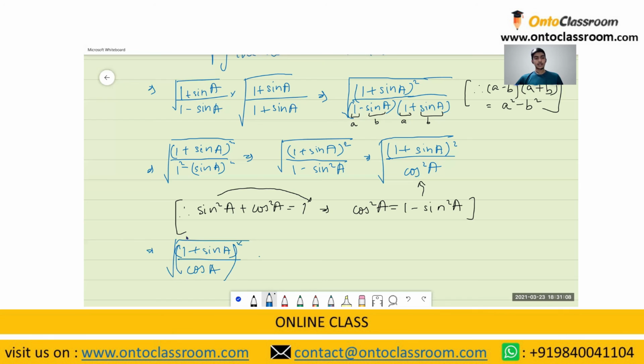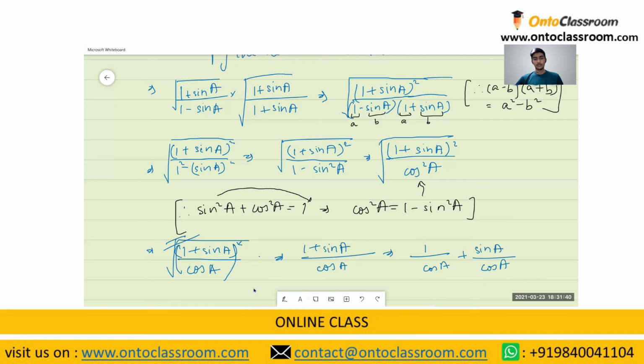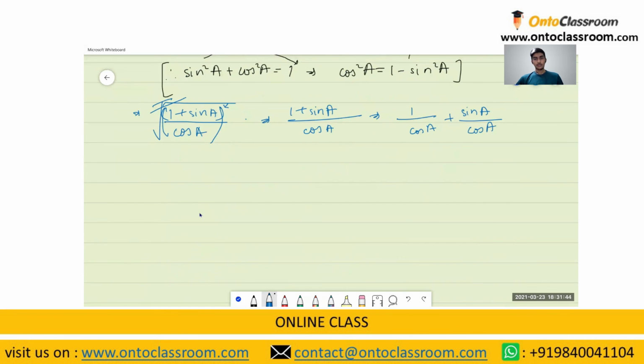This square will get cancelled out with the under root, and we have 1 plus sin A divided by cos A. So what we simply did, we separated both of them, like we solved them separately, and then we get, we all know that the reciprocal of cos A is always sec A, plus sin A by cos A is always tan A. We had to prove this only in the RHS, and we got this at the end. So this is basically our answer.